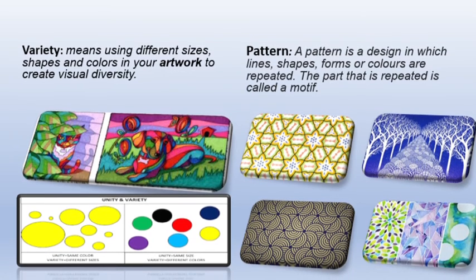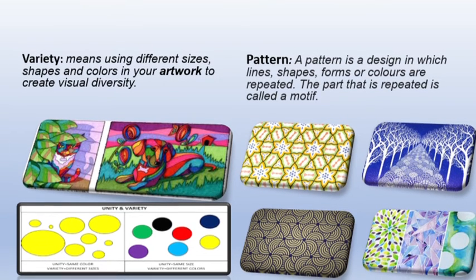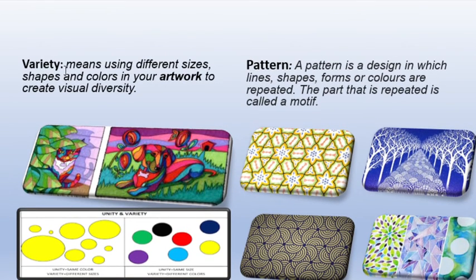And finally on my list, we'll look at variety. Variety means using different sizes, shapes and colors in your artwork to create visual diversity. So here we have a variety of shapes, we have a variety of colors, and you can just use them in your work. What can you see here?